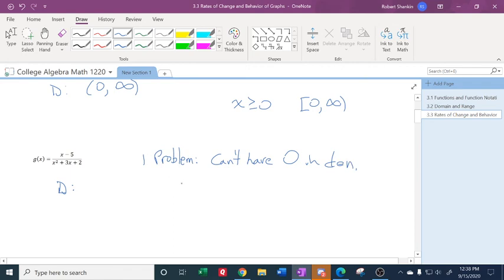Now, I can't tell what's going to cause the denominator to be 0 until I do one thing to this. If I factor it out, x, the two numbers that I put second have to multiply to be positive, so they must be both positive or both negative.